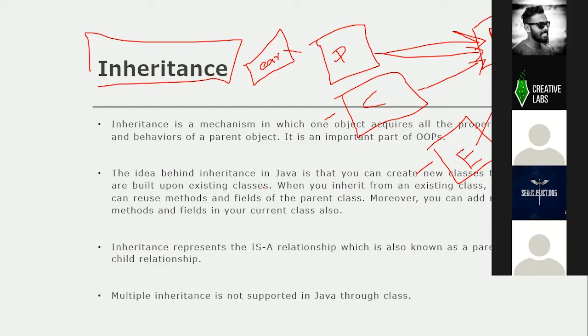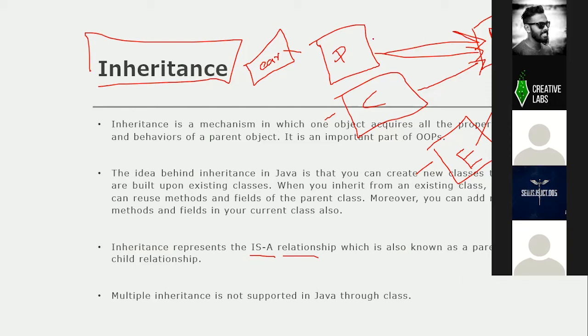That is also called an IS-A relationship or IS-A hierarchy. It is basically a parent-child relationship. The child has some unique features, and also some features derived from the parent.